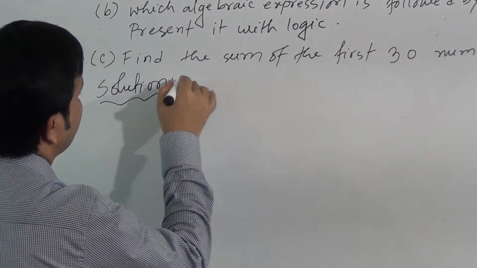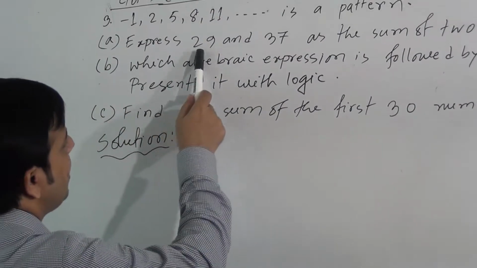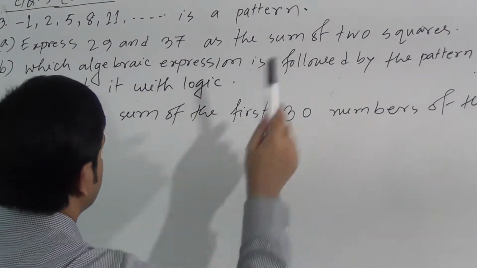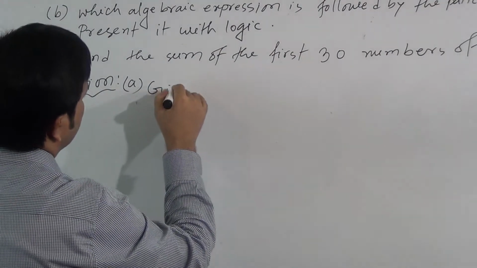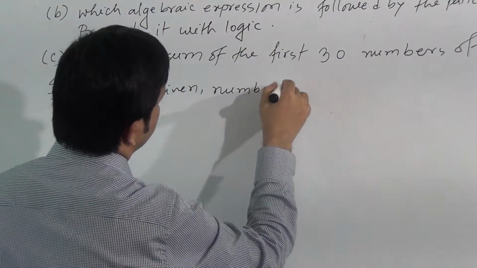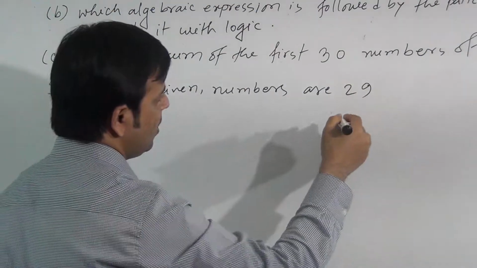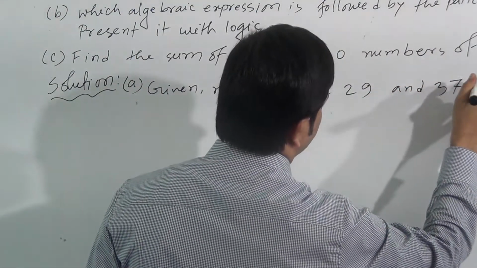First question A. The question is express 29 and 37 as the sum of 2 squares. So at first we can write given numbers are 29 and 37.